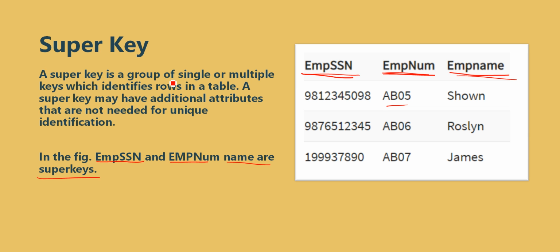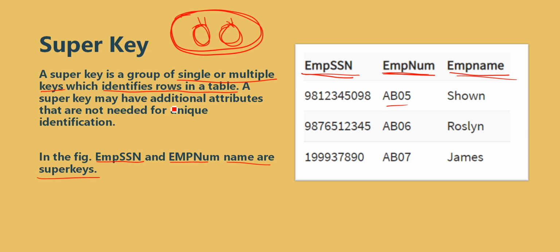A super key is a group of single or multiple keys which identify rows in a table, meaning that a super key is a column or a group of columns. This is a column, this is a different column, and we can take a group of columns or a single column.